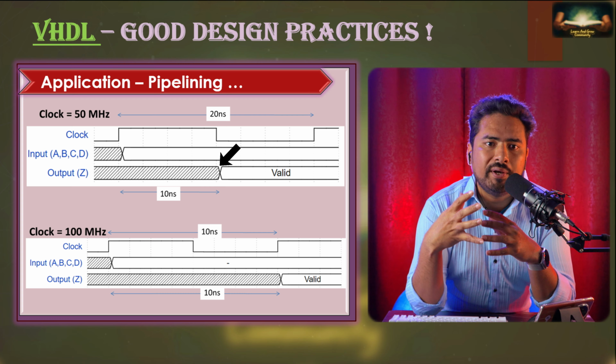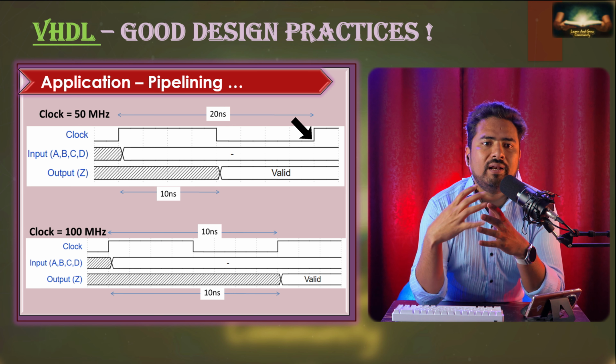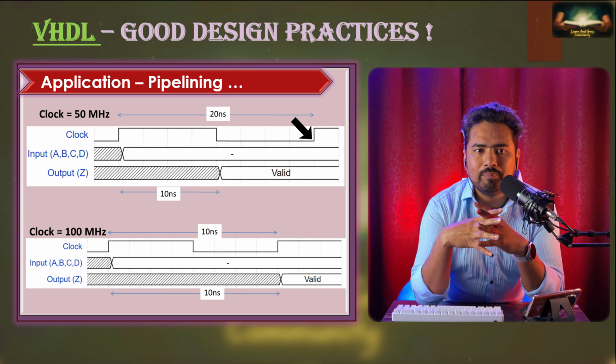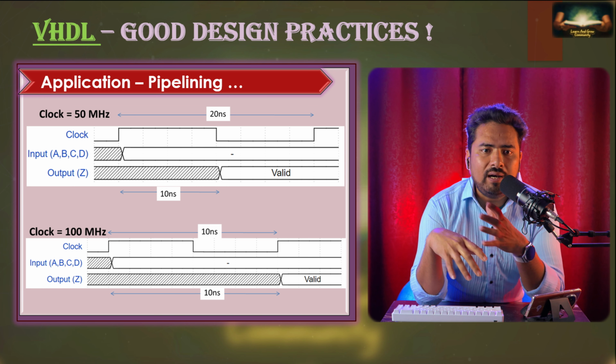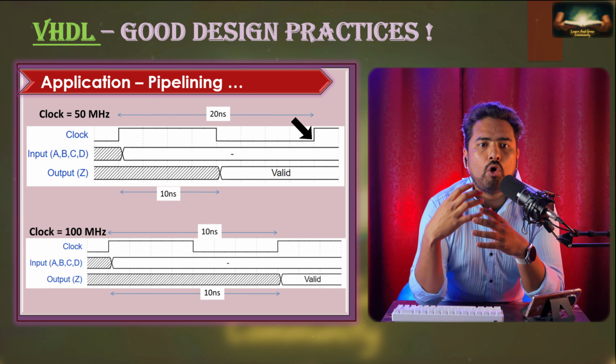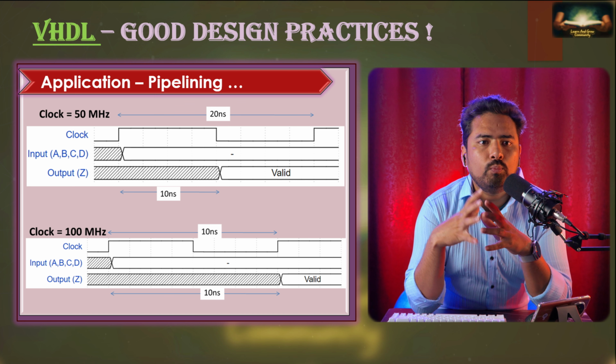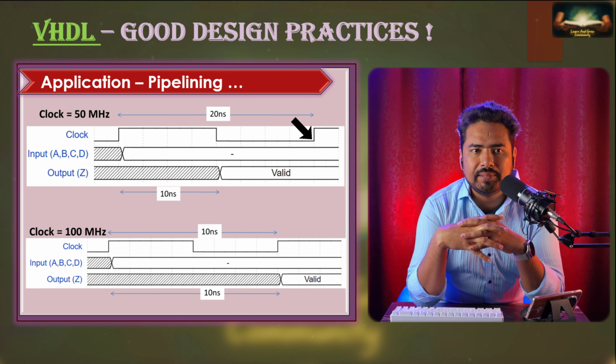So after this point, whenever you get the rising edge of your clock, you will get your final output, and that will be your correct output. Remember that the final output is driven by a flip-flop and synchronized with the clock rising edge. It means you will get the correct output at the rising edge of this frequency.